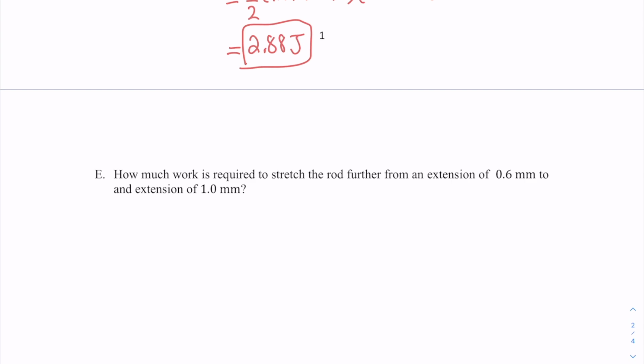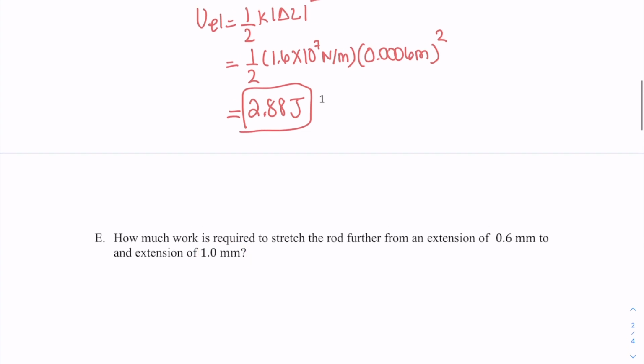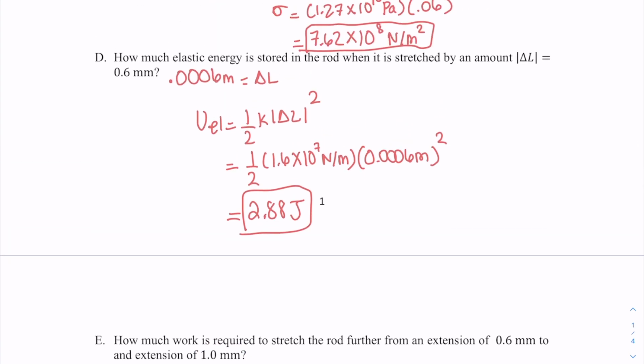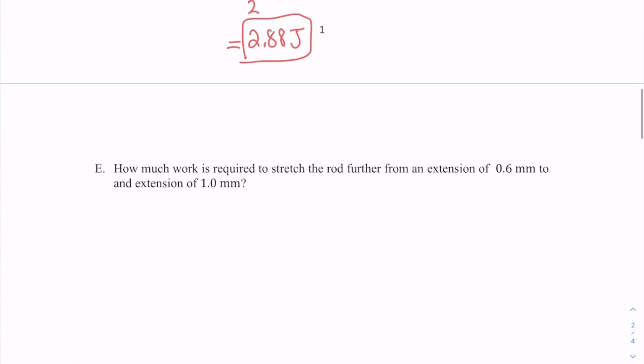To figure out the amount of energy at 1 millimeter extension, and then essentially subtract from it what's going on here, because that would be the amount of work done to extend it further. That would be equal to the amount of energy you'd have to add into the system, or do on the system, to get it from an extension of 0.6 to an extension of 1 millimeter.